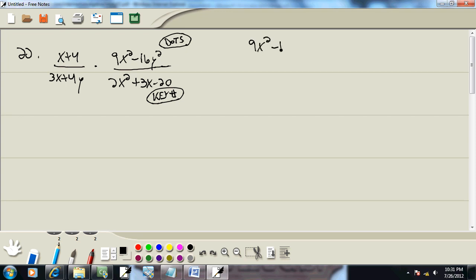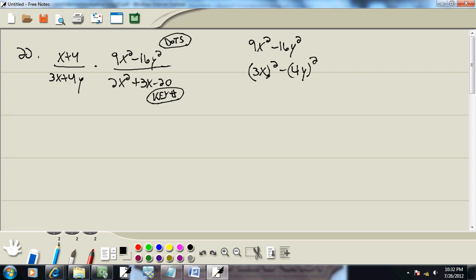First I'll start with 9x squared minus 16y squared. With the difference of two squares, you try to write this as something squared minus something else squared. And you look at each piece separately: the 9, that's 3 times 3, and x squared, x times x; 16, 4 times 4, and y squared, y times y. Again, we're looking for something times itself that will give us each individual piece.